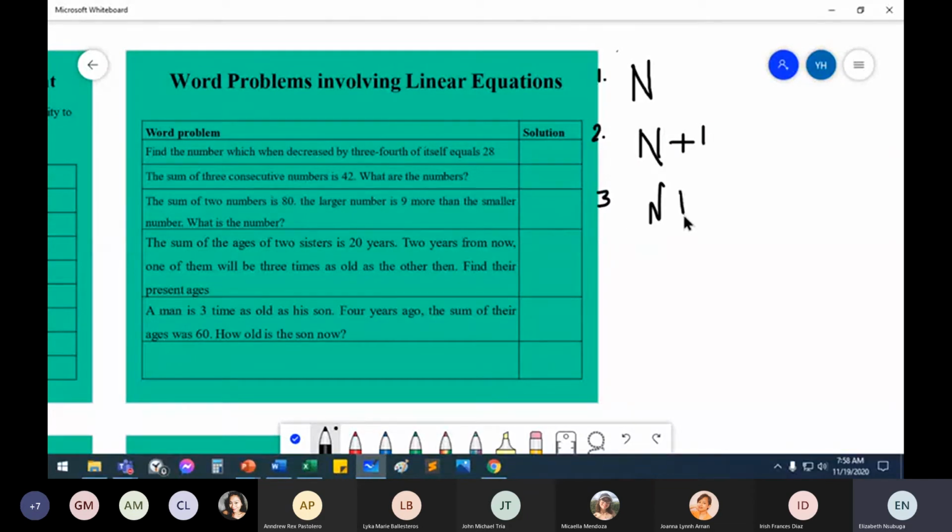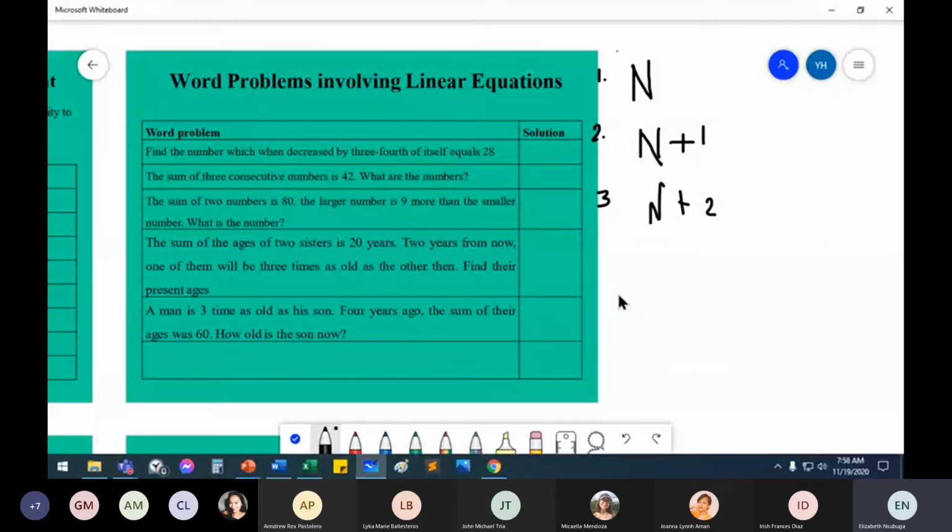Remember, the variable should be the same because we are dealing with linear equations in one variable. So you cannot say the first one is A, the second one is B, the third one is D. If you are able to do that and come up with the right answer, it's okay, but it's better to use the same variable.